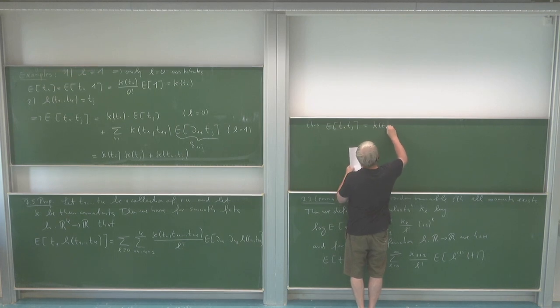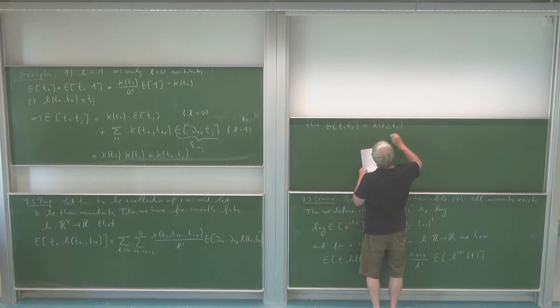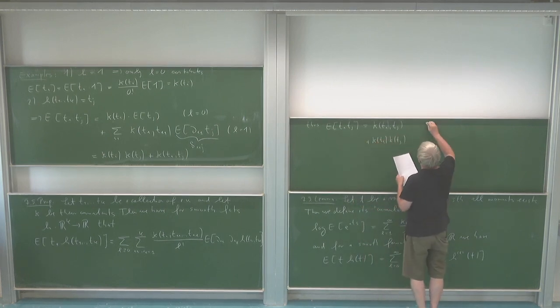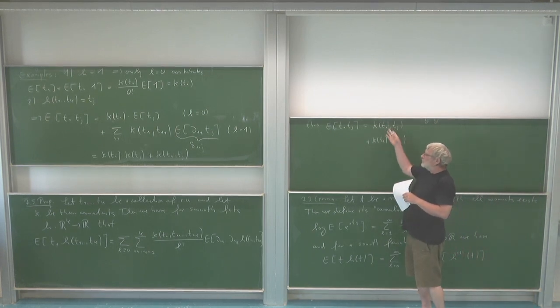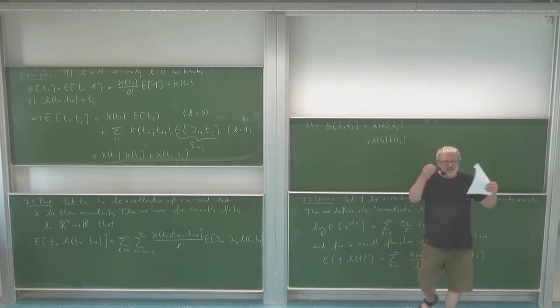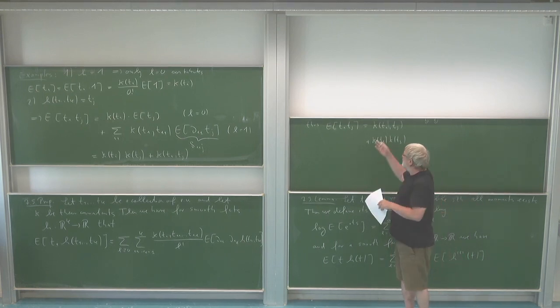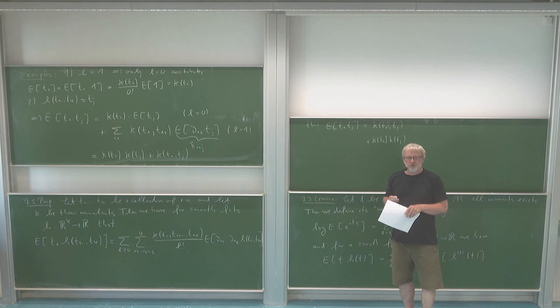This is the cumulant of Ti, Tj, plus the cumulant of Ti times the cumulant of Tj. And if you want to draw this in diagrammatic terms, essentially you have two arguments, and what you have to do on this side is take products of kappas, and you are distributing your arguments.